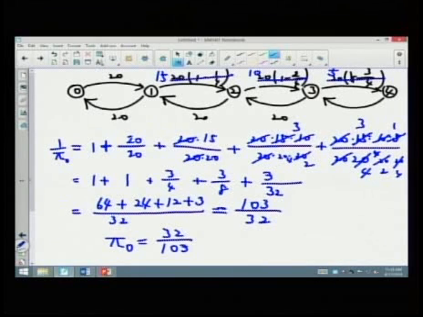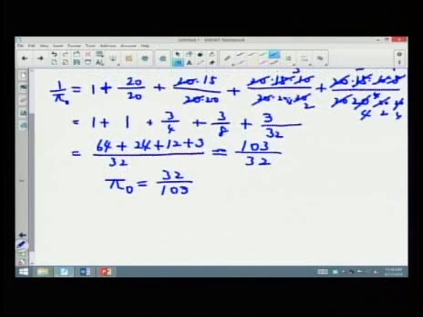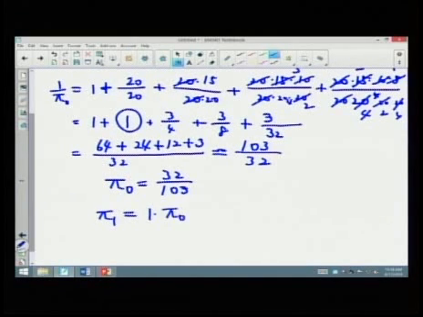Okay. Once you have pi 0, other pi's can be easily obtained. Right? Pi 1 is this first value times pi 0.